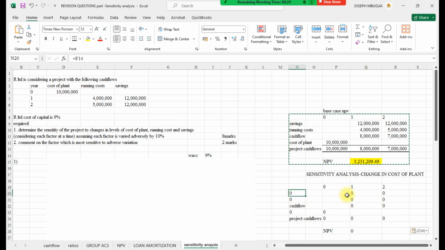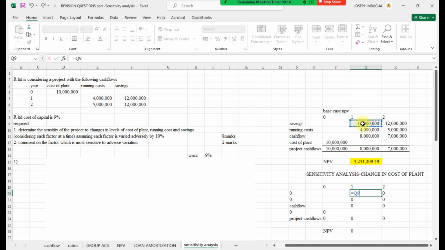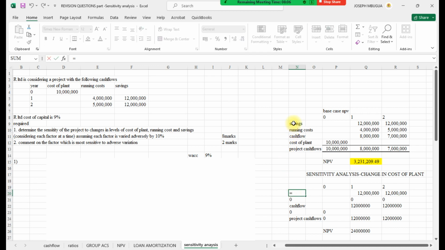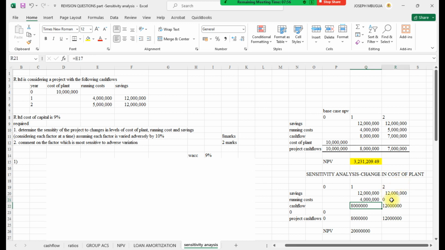Because these other values will remain, the only thing that will change is not the running cost, but the initial cost, because it's the value that we are varying here.